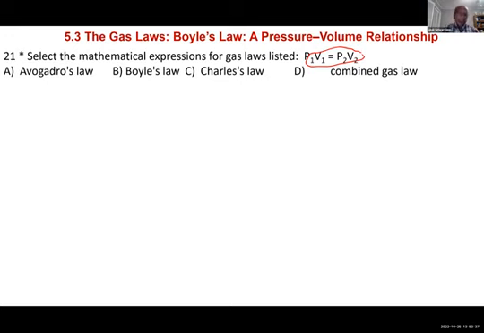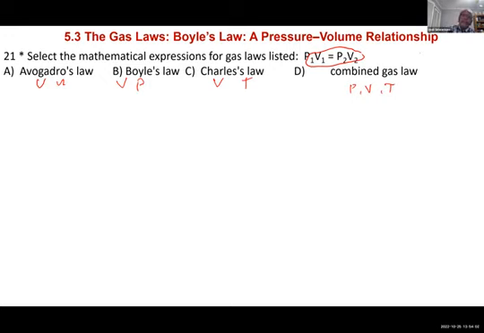So Avogadro's law is volume versus N. Boyle's law is volume versus P. Charles' law is volume versus T. Combined gas law is everything: P, V, T, with the amount kept constant.